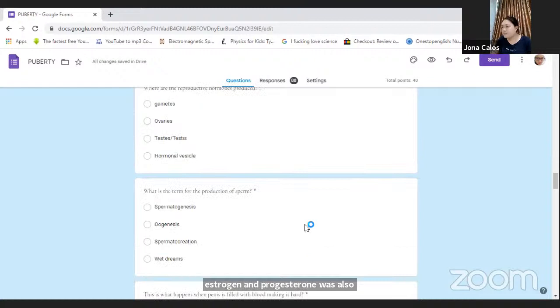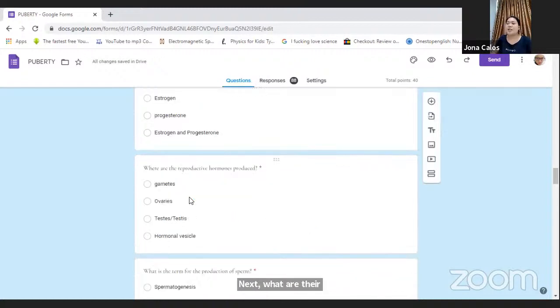So next, where are the reproductive hormones produced? Again, reproductive. So when we're talking about reproductive, what are the glands where these hormones are produced? So it's in the gonads, and these are either the ovaries or the testicles.